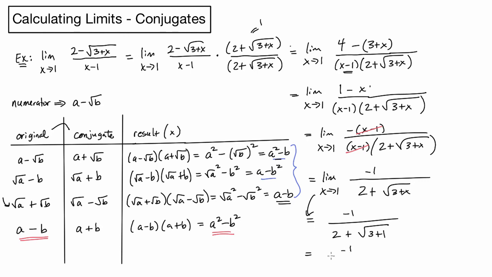And I've got negative 1 over, let's see here, that's 2 plus the square root of 3 plus 1, which is 4. So this is the square root of 4. Square root of 4 is 2. So this limit here is negative 1/4. And so the trick of multiplying by the conjugate is this very first step we did.